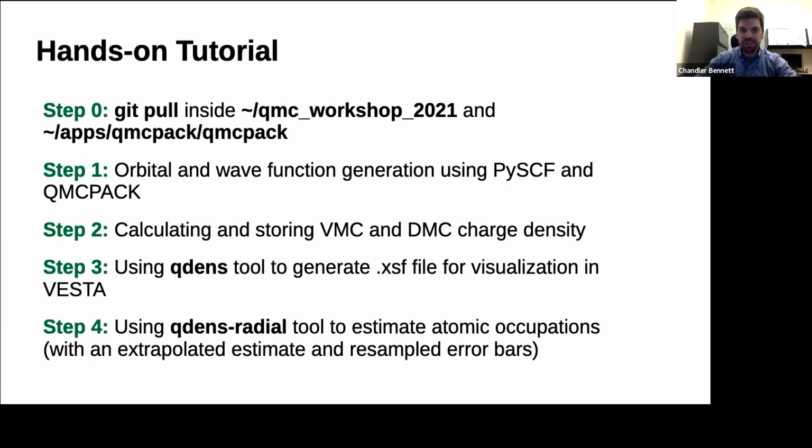And then finally, we'll introduce one additional tool called QDens Radial. This will allow us to estimate quantities based off of the density, such as the atomic occupations of, say, the oxygen atom. And we'll also show briefly how to do an extrapolated estimate and also resample to get error bars for that quantity.